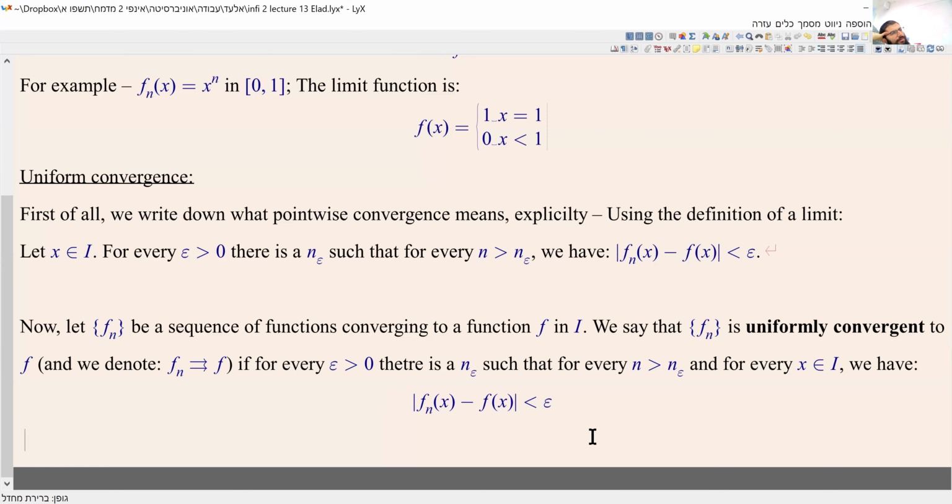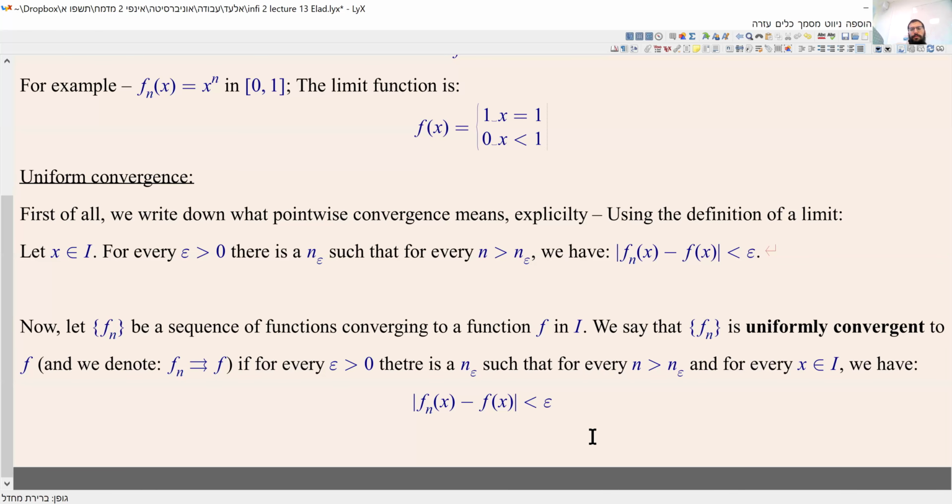What is the difference between these two definitions? Where do we put the for every x? In the pointwise definition, we look at every x, and then when x is a constant, is given to us, therefore epsilon, blah, blah, blah.